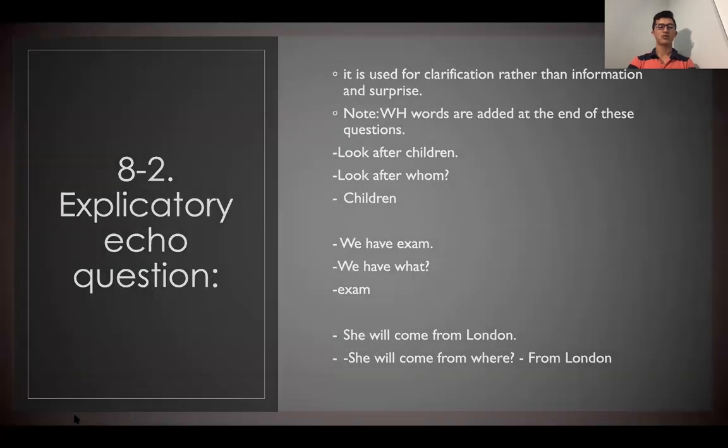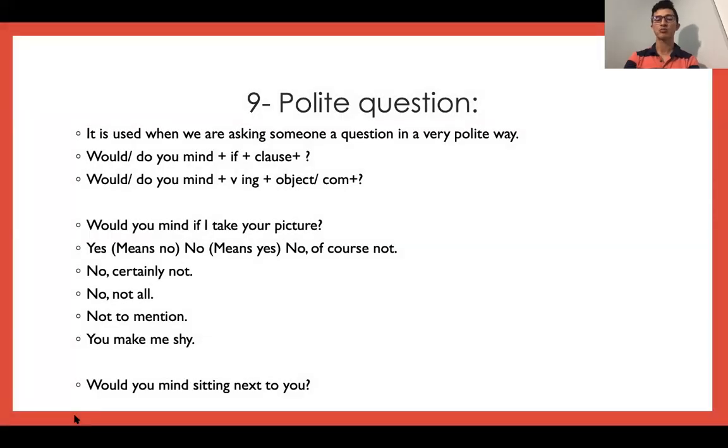And another one, polite question. It is more common in spoken English. Remember that, and you might need it more while you are talking with someone politely. A polite question is used when you are asking someone politely to do something, or not to do something.